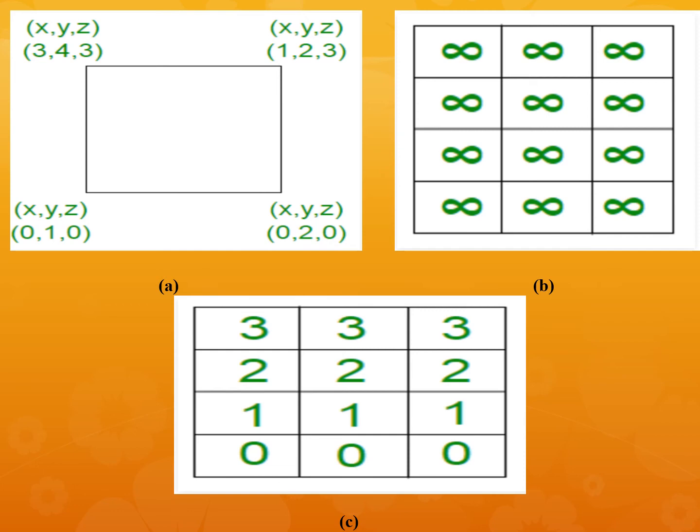After that, the depth values, that is the z values, for a pixel are compared and the closest, that is the smallest z surface, determines the color to be displayed in the frame buffer. The z values are usually normalized to the range 0 to 1. When z equals 0, it is known as the back clipping plane, and when z equals 1, it is called the front clipping plane.